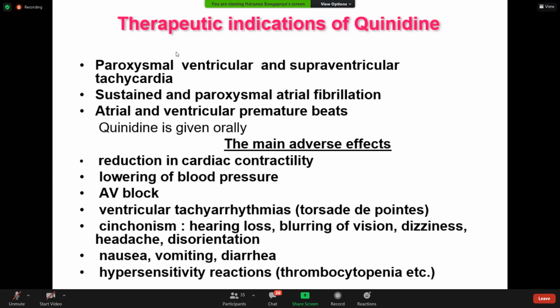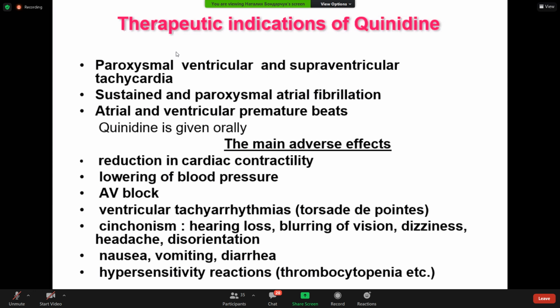Adverse effects: reduction in cardiac contractility, lowering of blood pressure. It inhibits alpha-adrenoceptors in blood vessels. That's why it causes reduction of blood pressure. AV block, ventricular tachyarrhythmias.